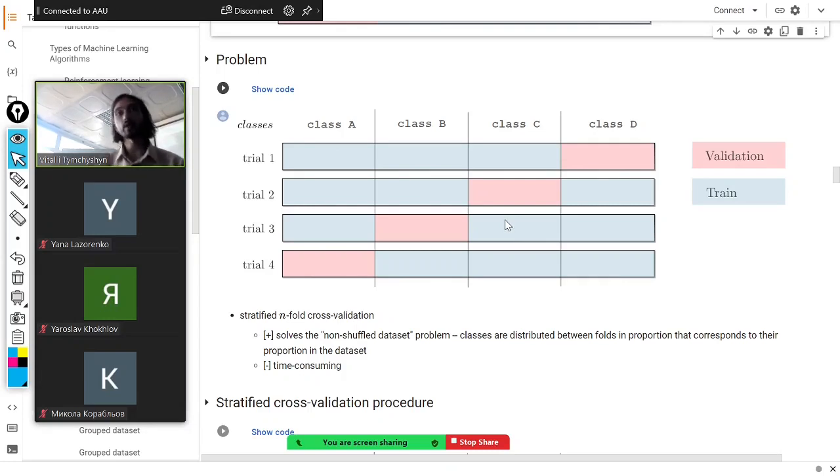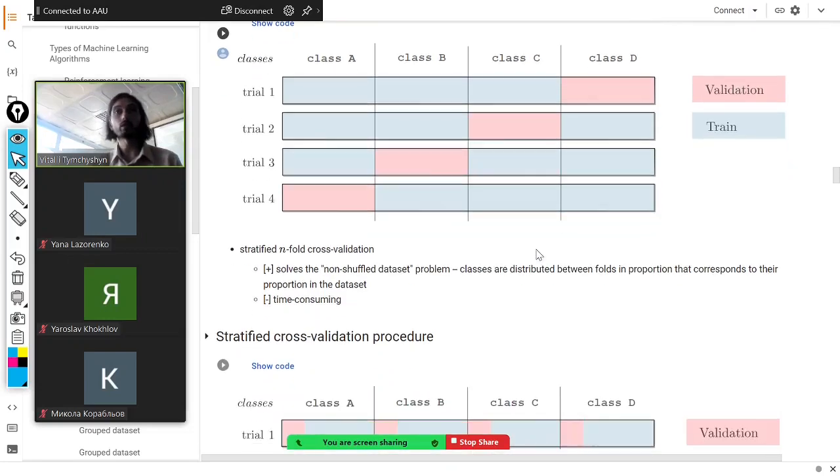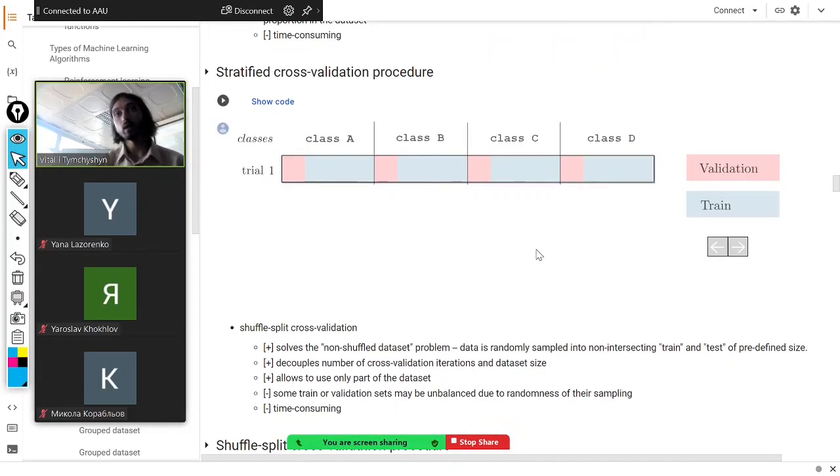It somehow happens that they go one after another, and if you split your dataset into chunks, you may get into the situation where one class ends up in validation and the others go into training. Of course, it's a very extreme and rare case, and you're probably not going to face it, but it's a reason to think maybe we can do better. And we can do better.